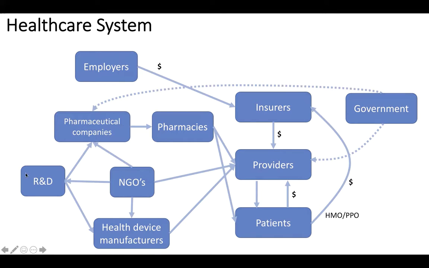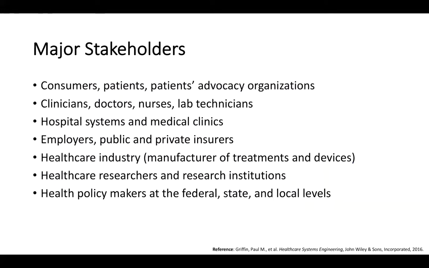Okay, so when we look at the healthcare system, these are basically some of those main components. When we say the system is a set of components working together to achieve some common objectives, this is a schematic representation of some of the main components in the healthcare system, and they are the ones listed here as well.